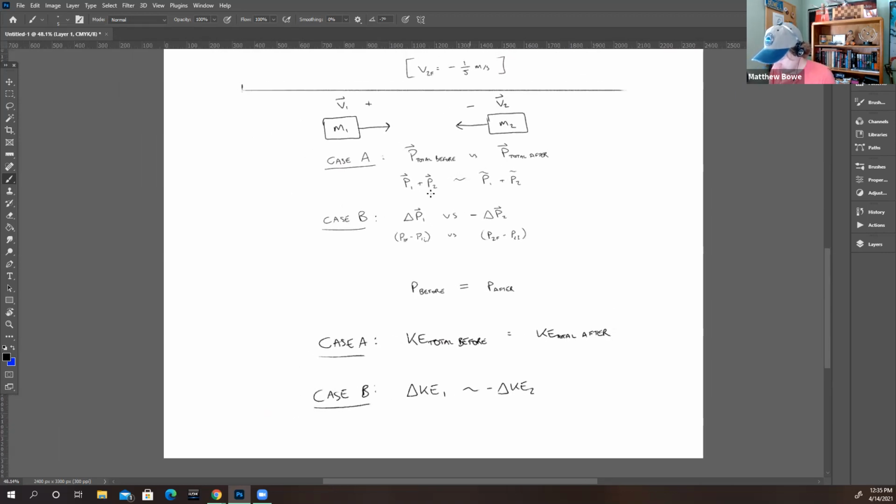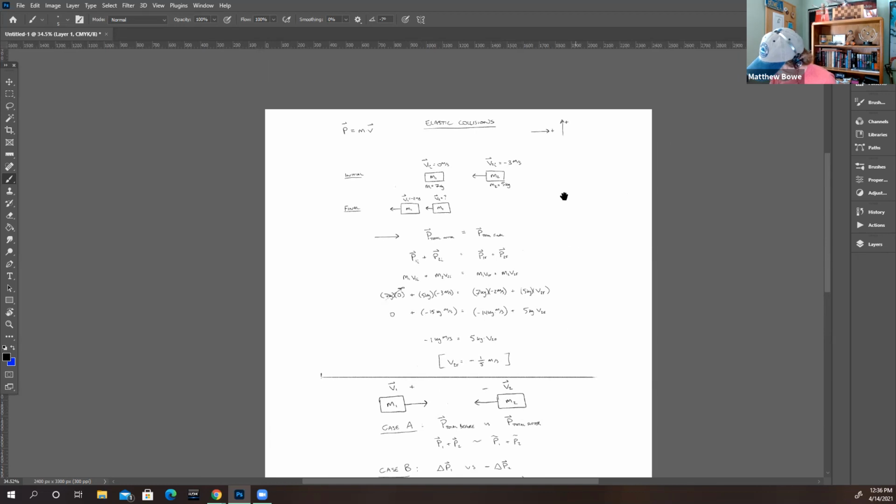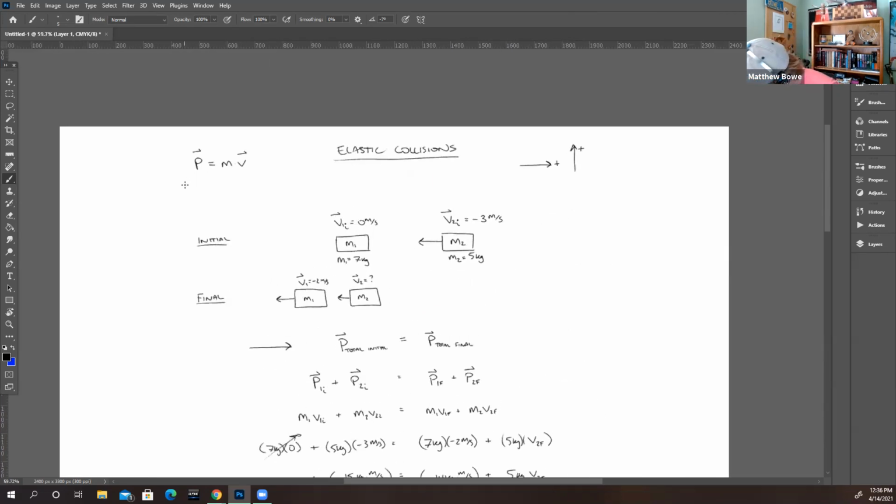I'm going to clean these notes up a bit, make them look a little neater for you guys, and I'll put them on canvas. Let me also put up here the kinetic energy equation. Kinetic energy is 1/2 mass times velocity squared.